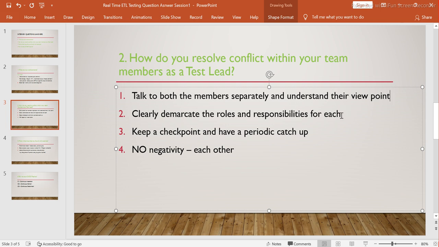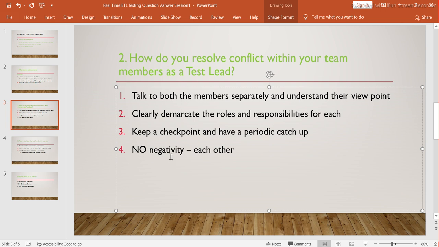Once you understand, right, you resolve between both of them, and once they are happy you have to keep a checkpoint and a periodic catch up with both of them separately also, right? Try to understand whether the things are resolved permanently or is there anything else going on, right? So you have to do this for some time so that it can be permanently sorted out.